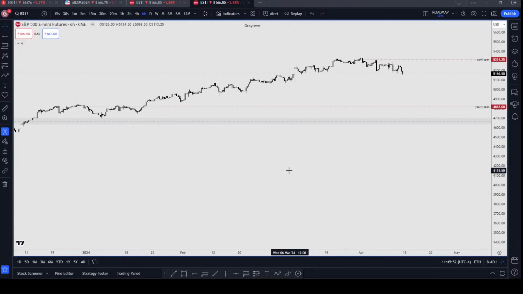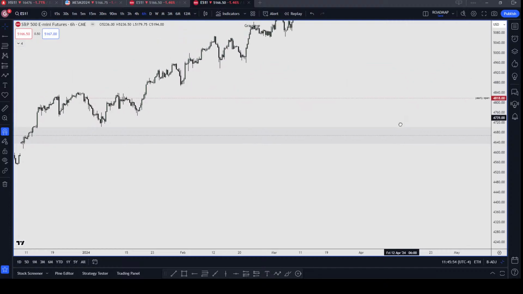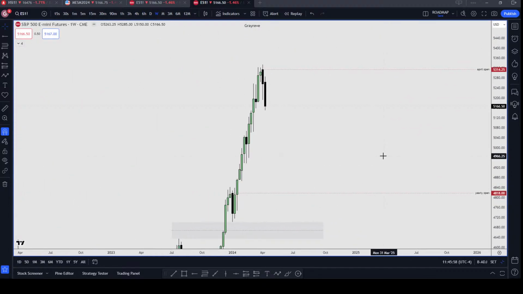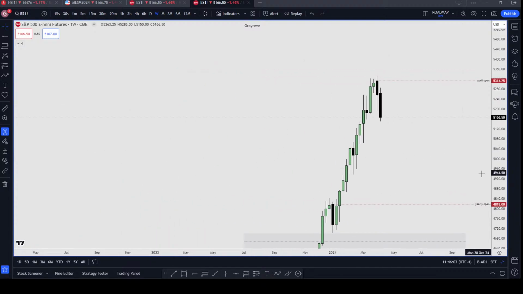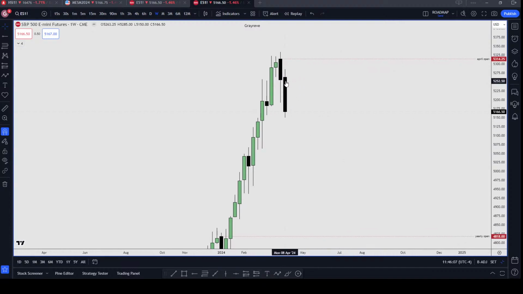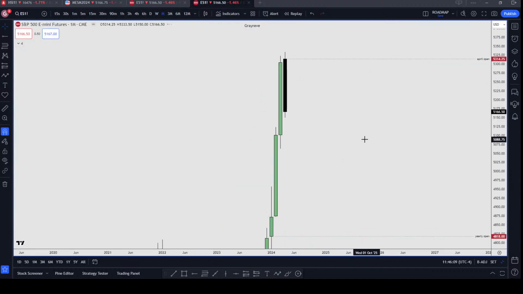I think ES has a clearer market structure, so to speak. Now we have to look at the weekly time frame. Sorry, let's start off with the monthly.